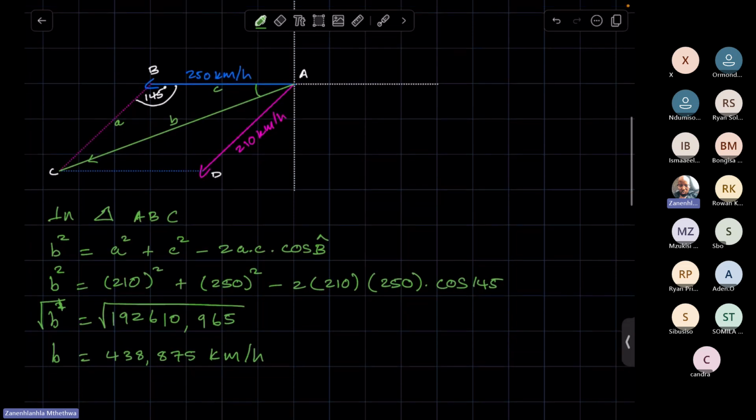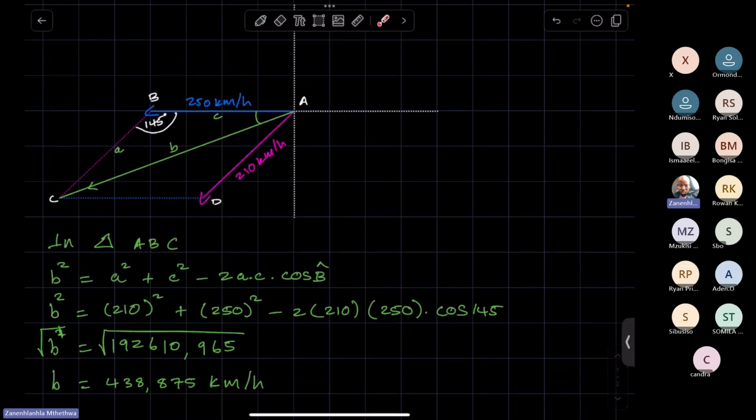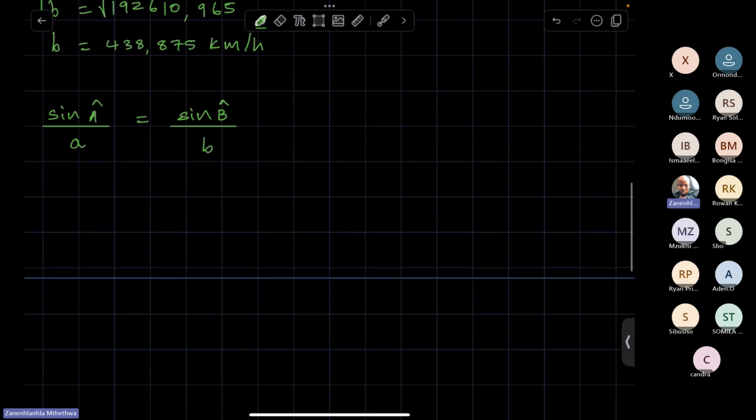So in calculating angle A, we then use the sine rule, right? We're looking for angle A, so we're going to say sine A divided by side A is equal to sine B divided by side B, right? That's the sine rule for this case. Now what are we looking for?